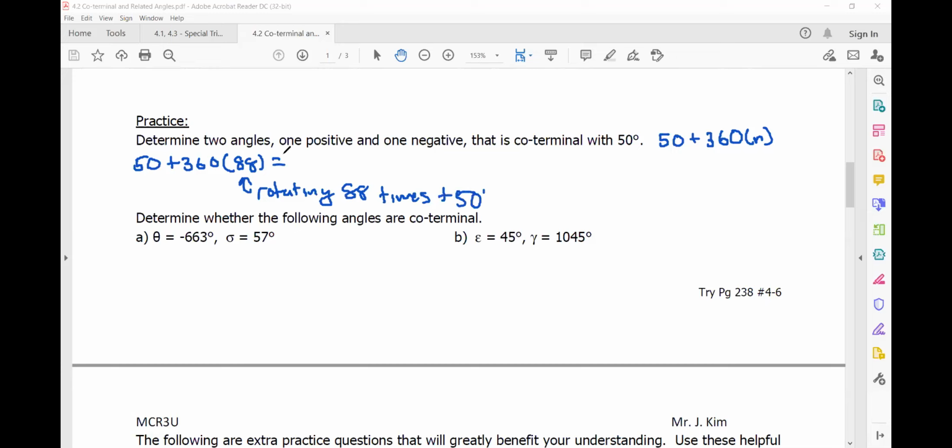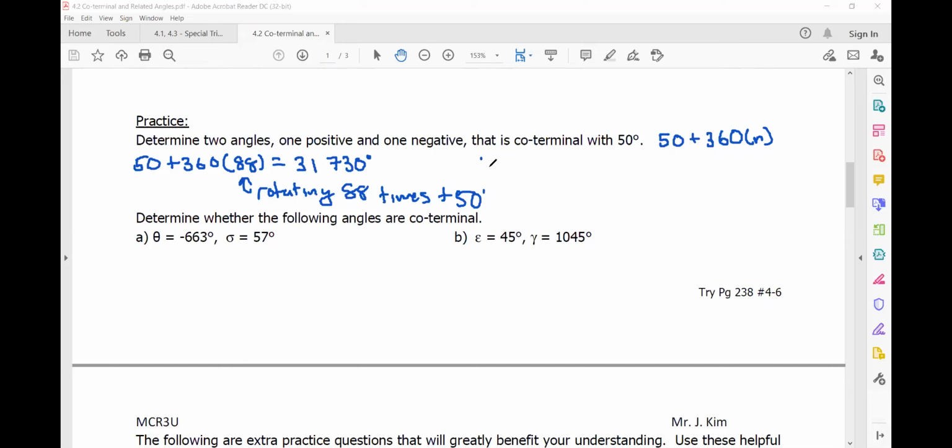That's basically what Aiden is saying he wants to do. 360 times 88 is 31,680, so 50 plus that is 31,730 degrees, which is coterminal with 50. I rotate 88 times, but my terminal arm still lands at 50 degrees.